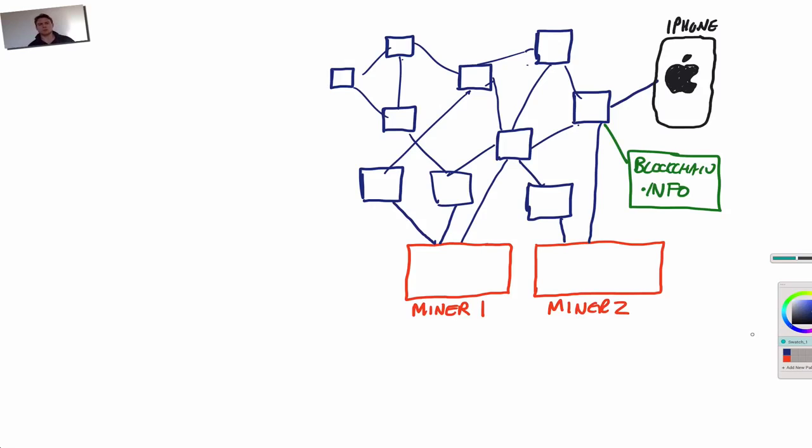There's no golden copy of the blockchain. Each and every node on this system is equally responsible and equally valid in its depiction of the blockchain, but they're all talking to each other all the time, and they're all validating the transactions and the blocks that they receive, and this way a consensus is gradually built.